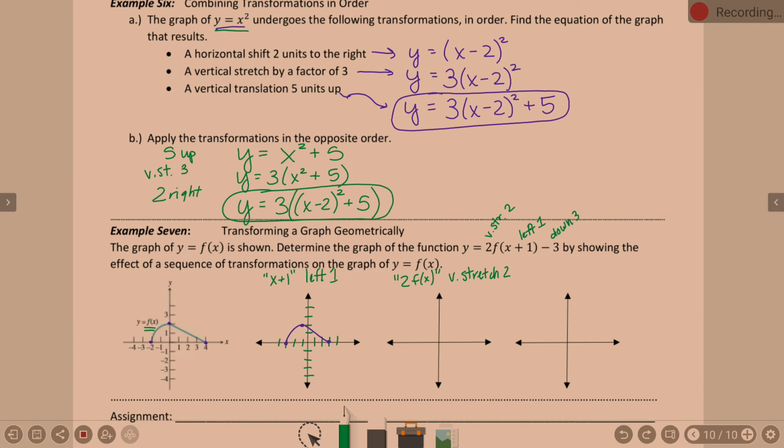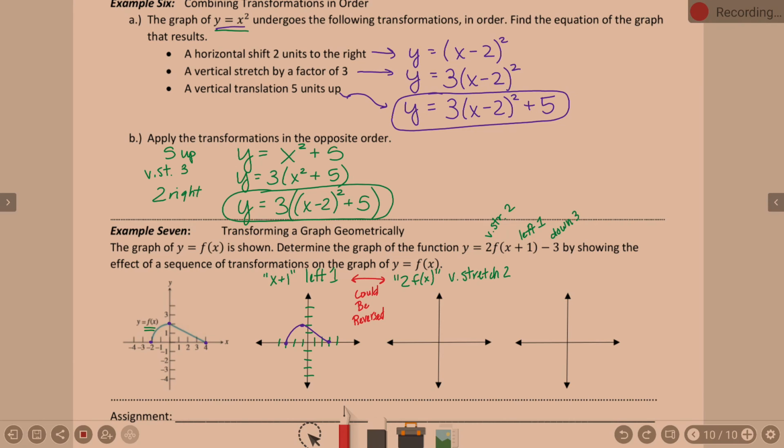I will throw in that these first 2, the left one and the vertical stretch, are both right there on the f of x, so they could be reversed and you'd still get the same result in the end.